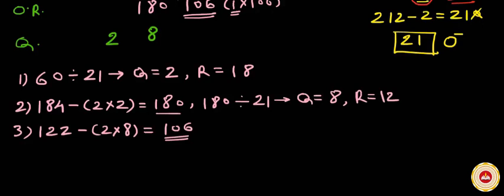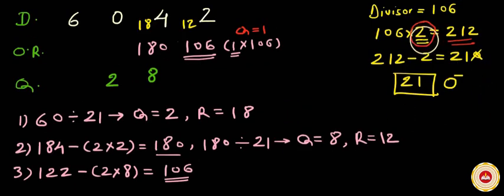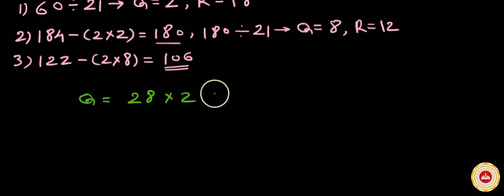Okay, so let us multiply. Quotient is 28. Let us multiply this 28 by multiple 2. See, this multiple. So 28 2s are 56.